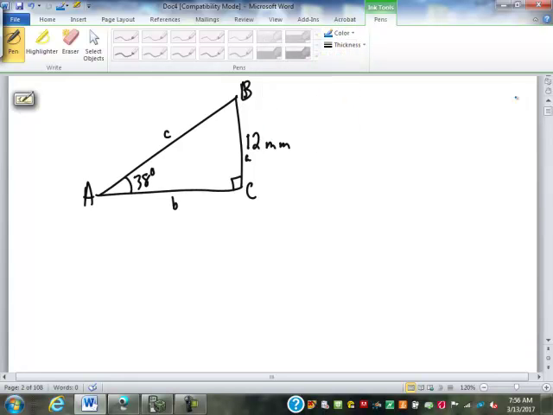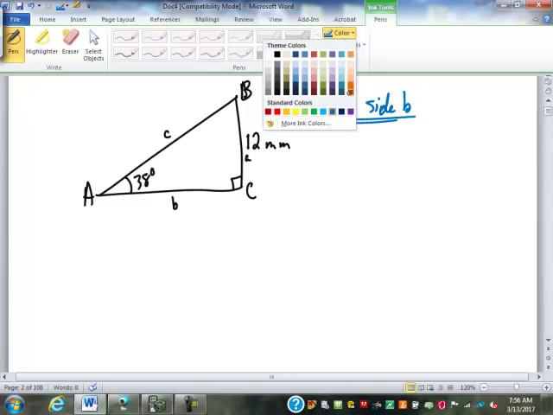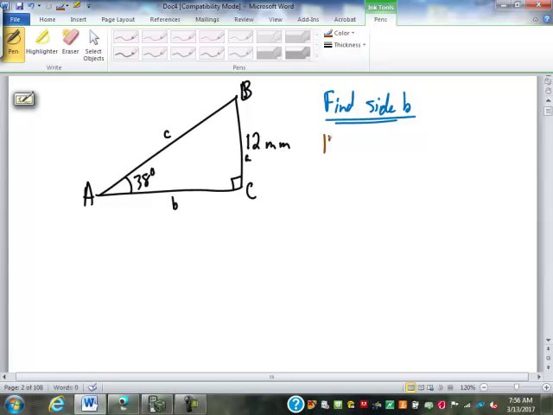If I want to find side B, looking at this, I first need to know, what do I already know?